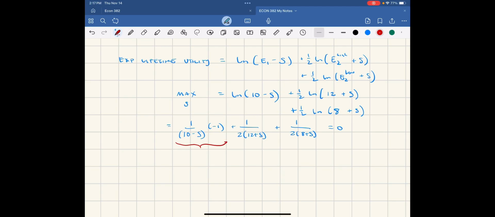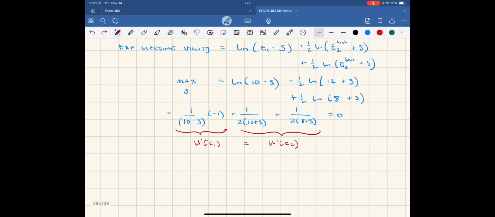Here is our marginal utility in period 1, and here's our marginal utility in period 2. Right? And so this is U prime C1 and U prime C2. And those are going to equal each other because we have the -1 right here, so bring it to the other side. And so that's our Euler equation. But now, rather than focus on the Euler equation, let's go ahead and solve this out.